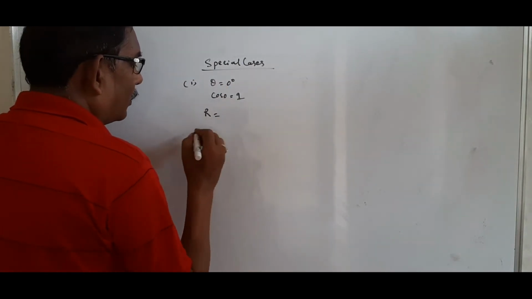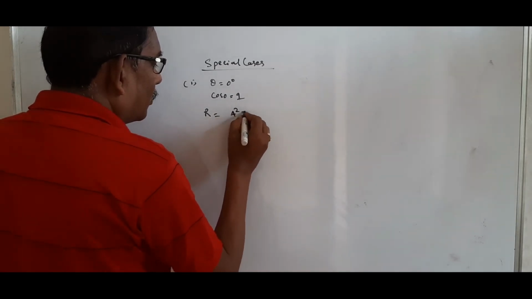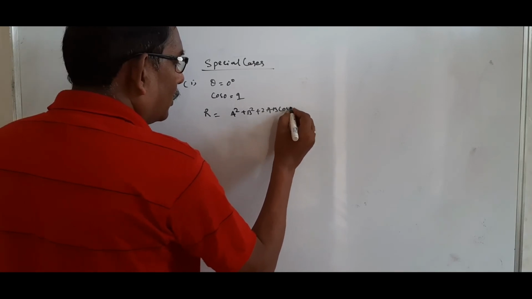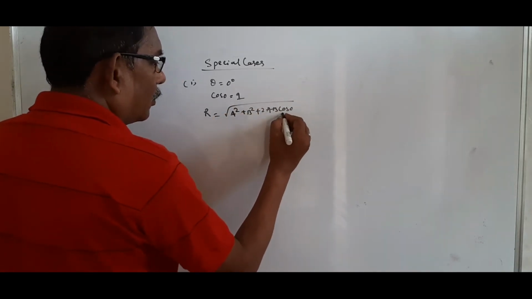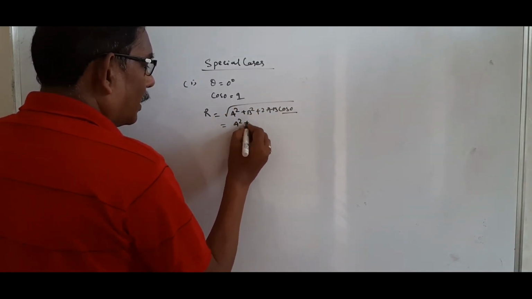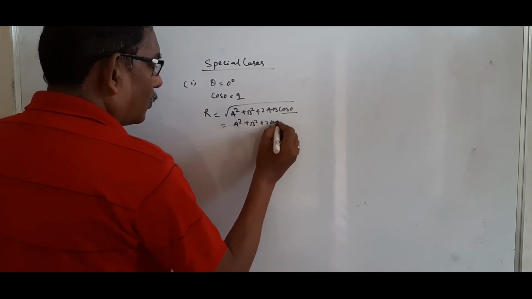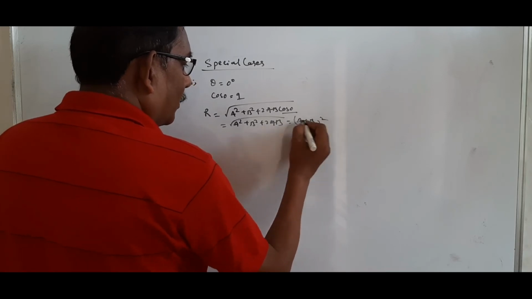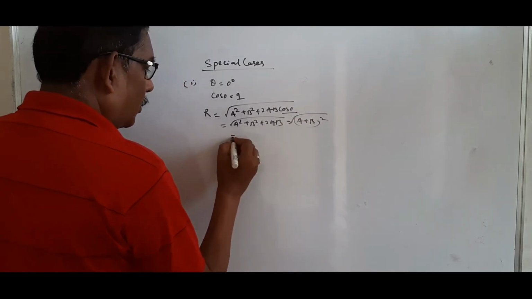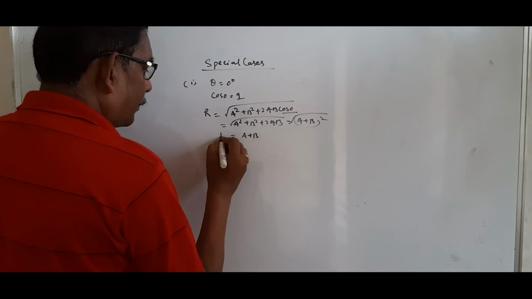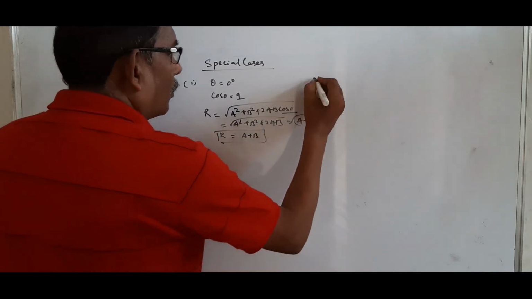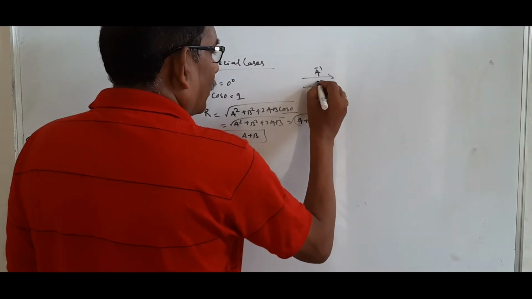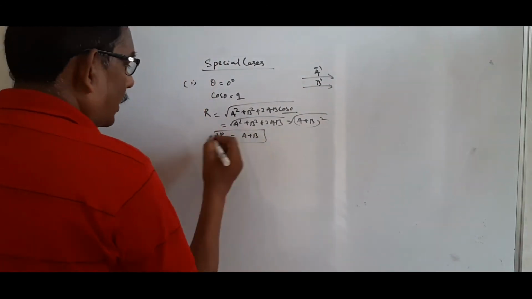The resultant R is equal to the square root of A square plus B square plus 2AB cos 0. You know that cos 0 is equal to 1. So A square plus B square plus 2AB is A plus B whole square under root, or A plus B. When two vectors are parallel, you have to add these two vectors.